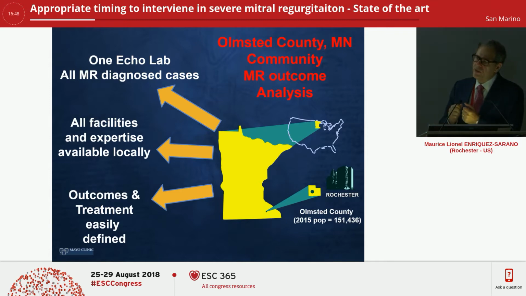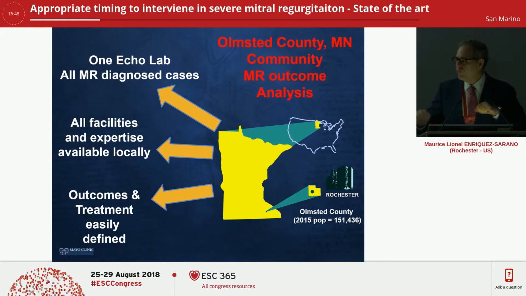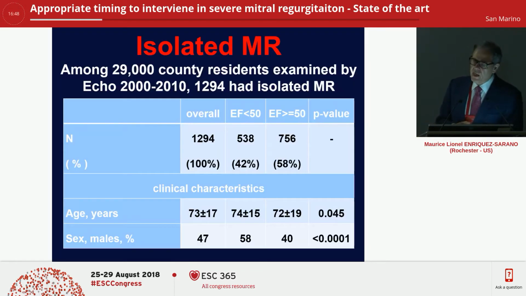In particular, it's a very interesting community because almost everybody is insured, and all the means of treatment of mitral regurgitation are there. You don't need to have a car. You can just walk anywhere you want for the treatment. So it's very simple. What do we see in Olmsted County with mitral regurgitation?